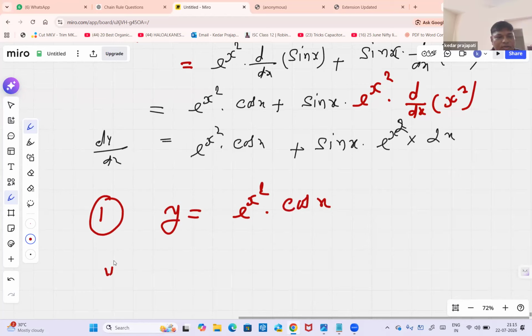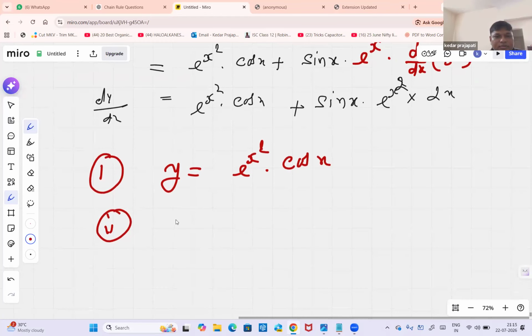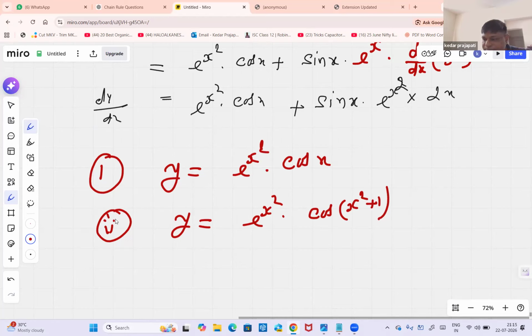And the second one is y equal to e to power x square into cos x square plus 1. You have to find dy by dx for these two. Tomorrow we'll discuss this. So I'll stop the recording here.